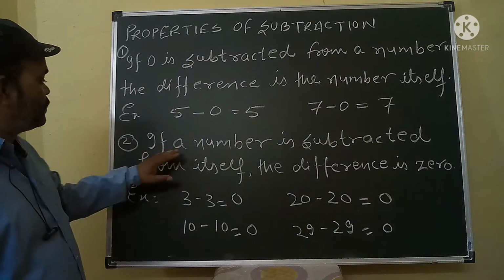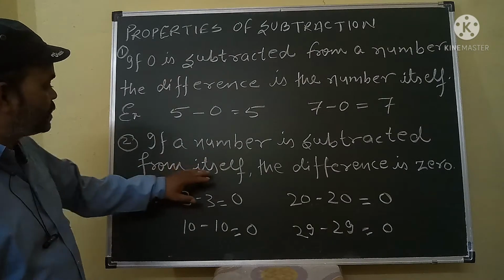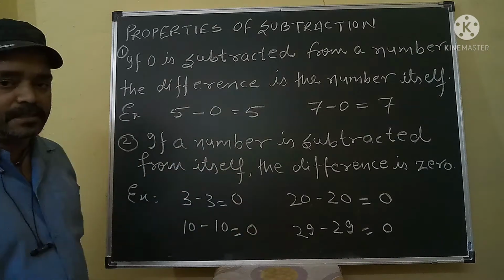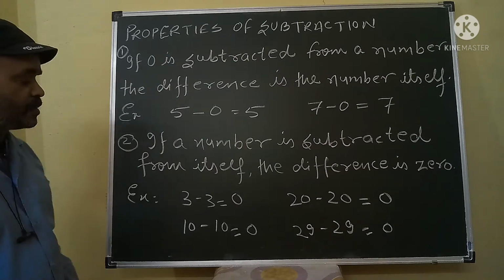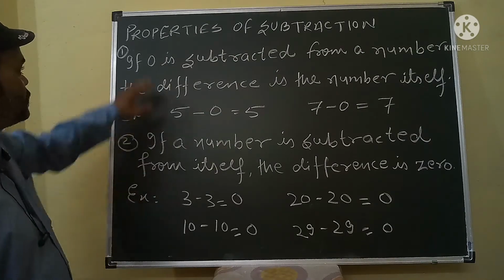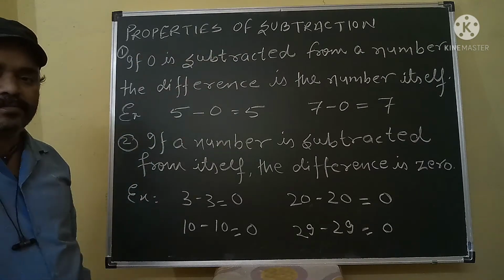That means if a number is subtracted from itself, the difference is 0. Okay. So these are the properties of subtraction.